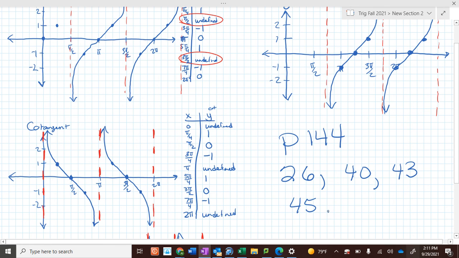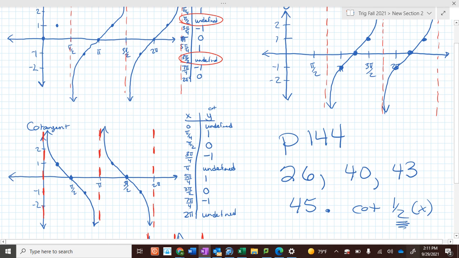it's the cotangent. Oops. The cotangent of 1/2 x. Because it says x over 2. A lot of you wouldn't figure out that that means 1/2 x. So that affects your what? Period.